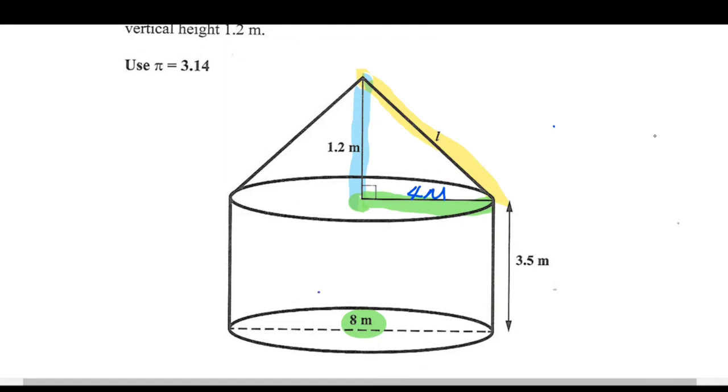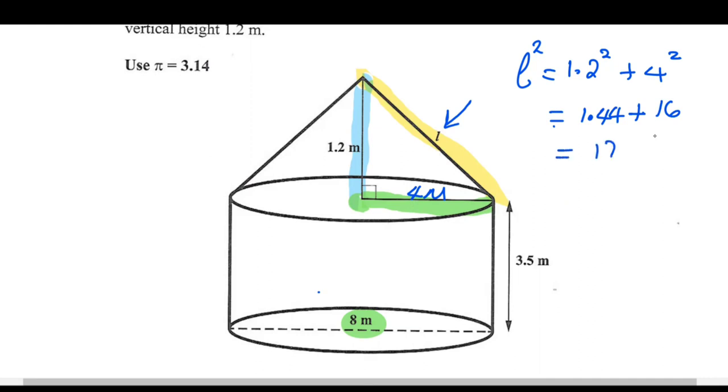So if I have that, then I am now able to find the slant height L by using the Pythagoras theorem. Now, as you could see, this is actually the longest side. So we could say L squared is equal to 1.2 squared plus 4 squared. 1.2 squared is going to give us 1.44, and 4 squared will give us 16. So we're looking at 17.44.